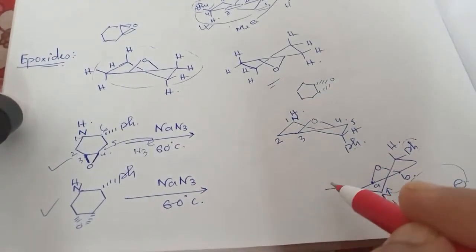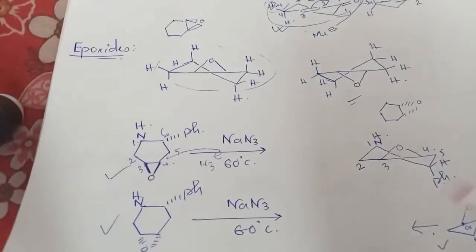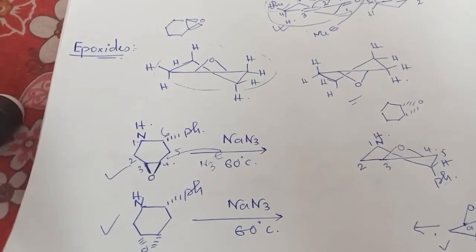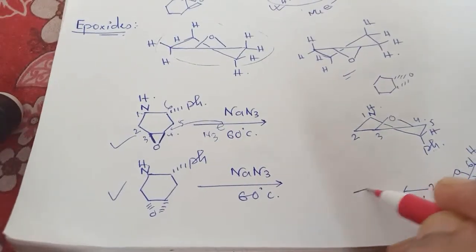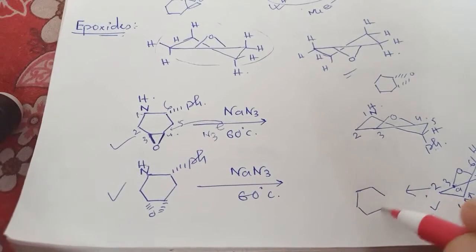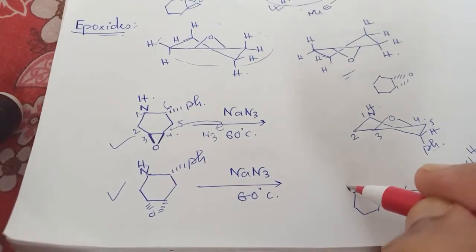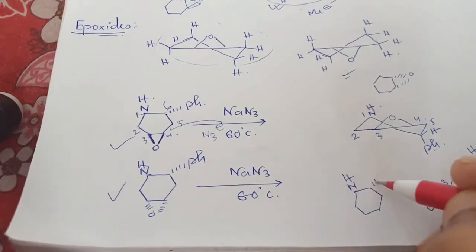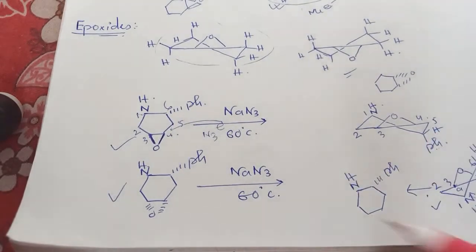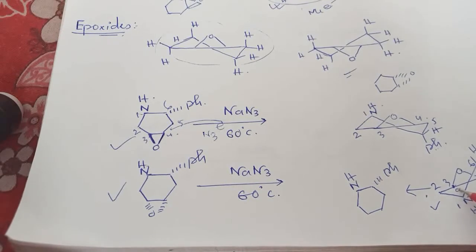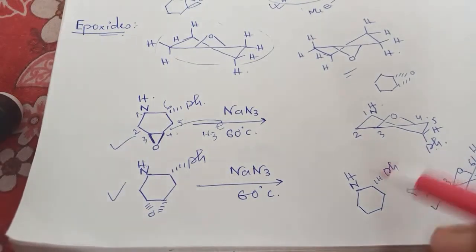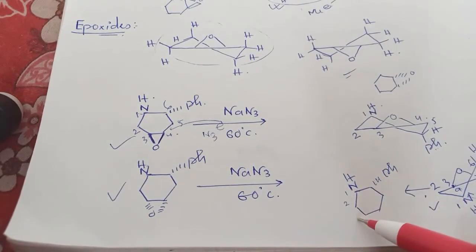and the product will be this. This is nitrogen, here Ph, this is 6, and you can see the nucleophile attacks at the 3 position. Okay, it is 1, 2, 3.